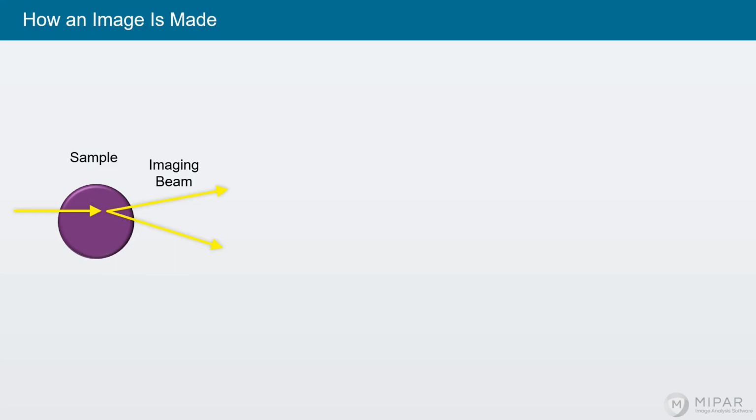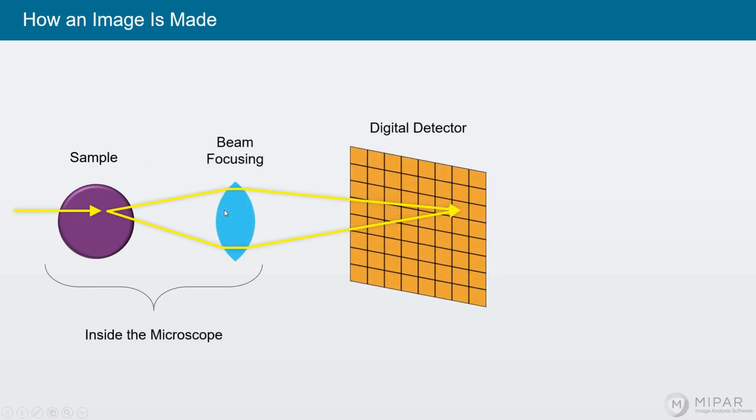So, how an image is made. You start, of course, with your sample right here, and you illuminate your sample with the imaging beam. This beam could be made of photons, light. It could also be made of electrons, sometimes even sound waves. But whatever you're using, the beam hits the sample and reflects off, and then there's some sort of focusing apparatus that focuses that beam onto a detector.